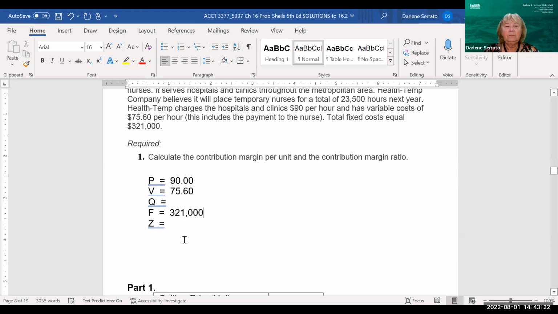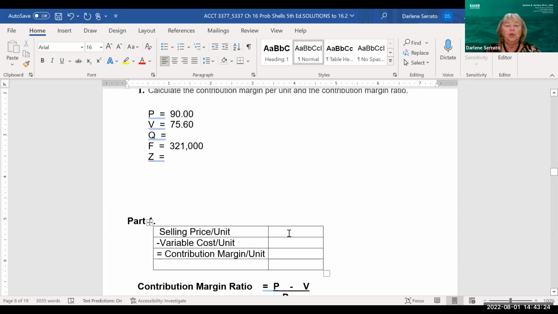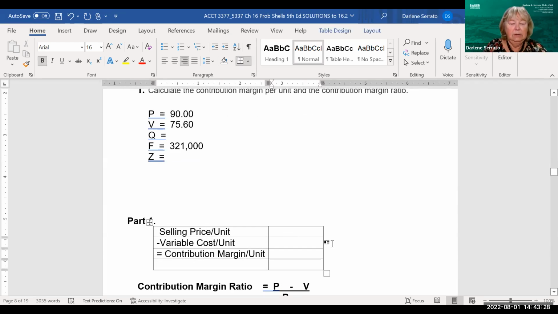The contribution margin per unit is $90 minus the variable cost per unit of $75.60, which gives you a contribution margin per unit of $14.40.